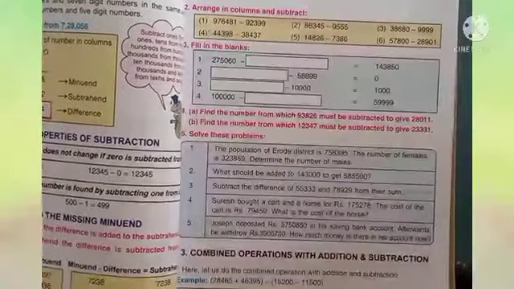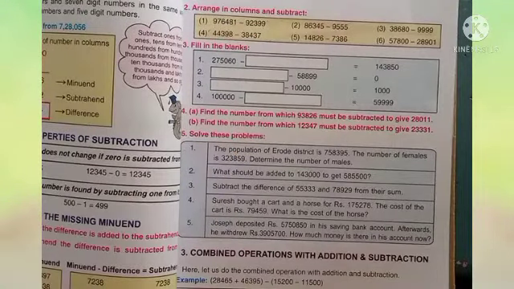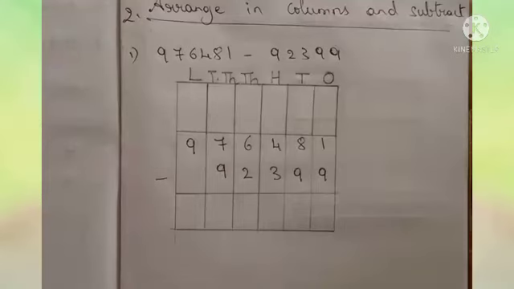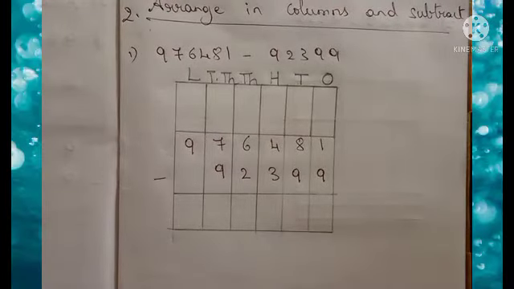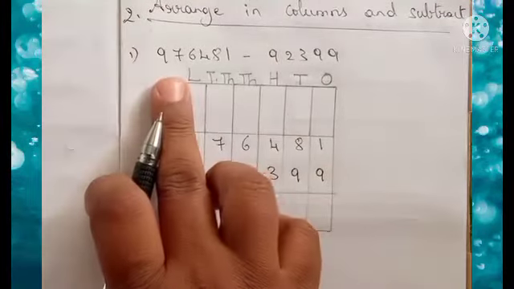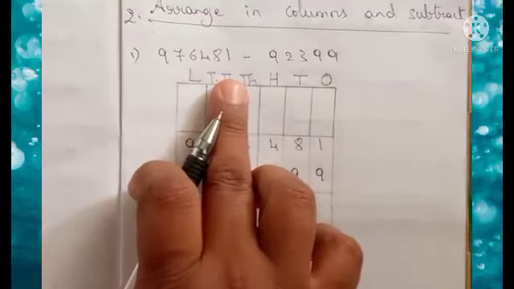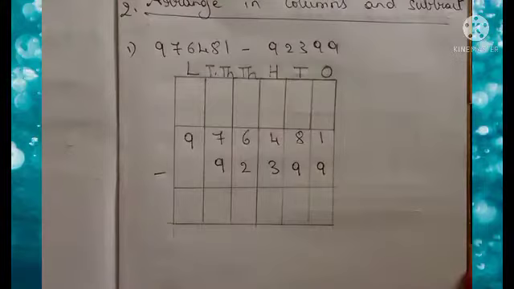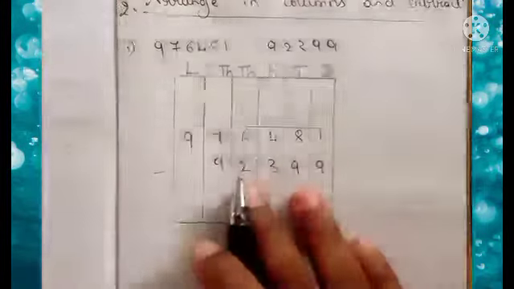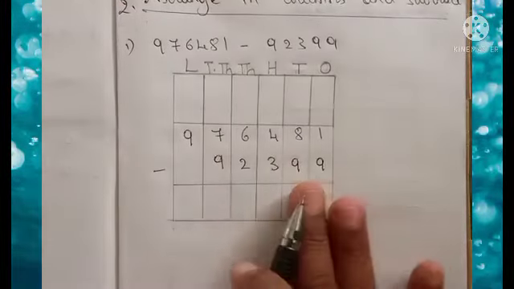So we need to arrange those in columns and subtract. Okay dear children, let's do it in the book. I have written here, arrange in columns and subtract. 9,76,481 minus 92,399.